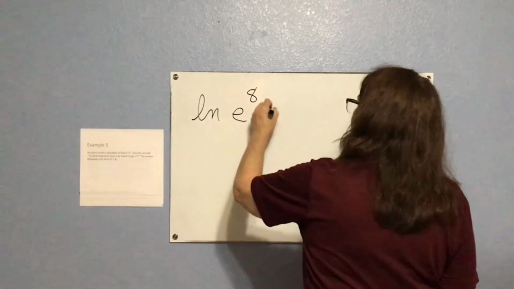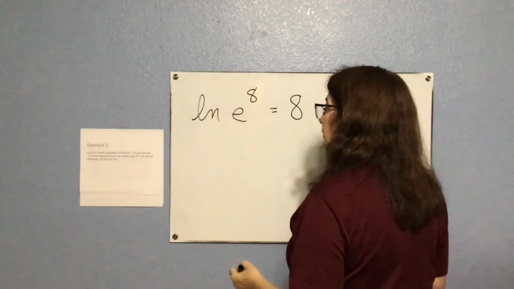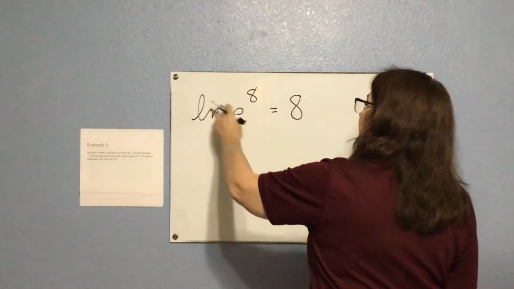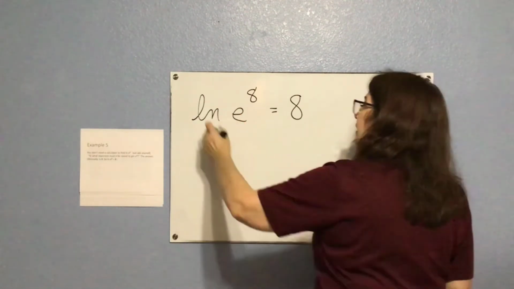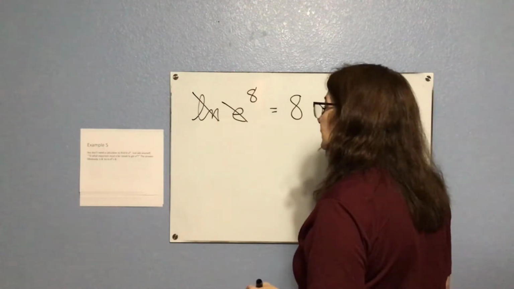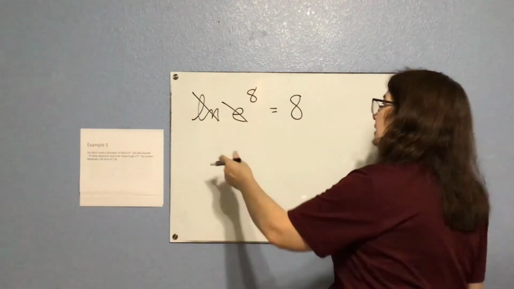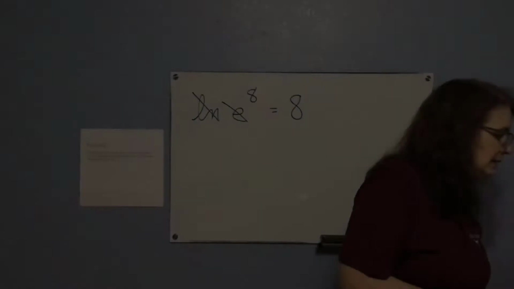Well, of course it's 8. So in a way, the natural log and the e, when they're right together like this, cancel each other out. Okay, so the natural log of e to the 8th is 8.